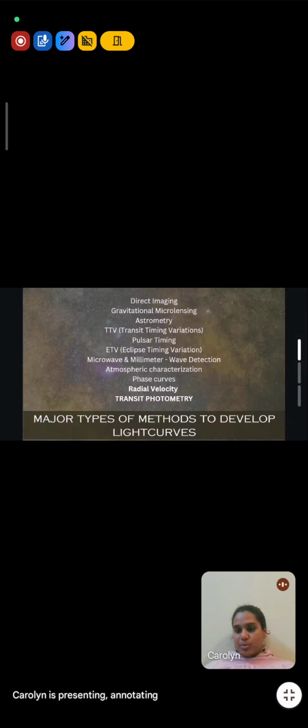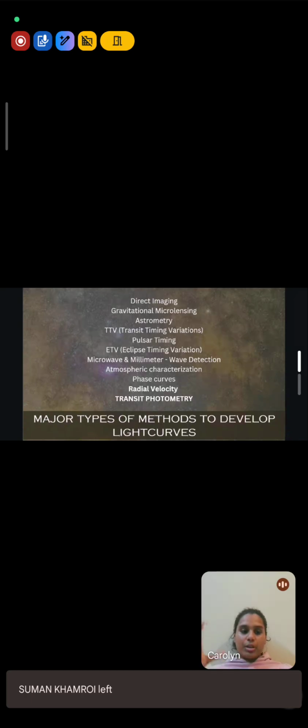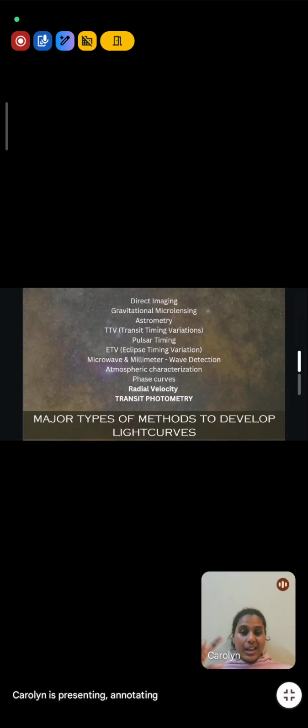And next we have astrometry. Astrometry involves measuring small shifts in the position of a star, and these small shifts could be due to the gravitational pull of an orbiting planet. This pull can produce variations, and these variations can be noted.